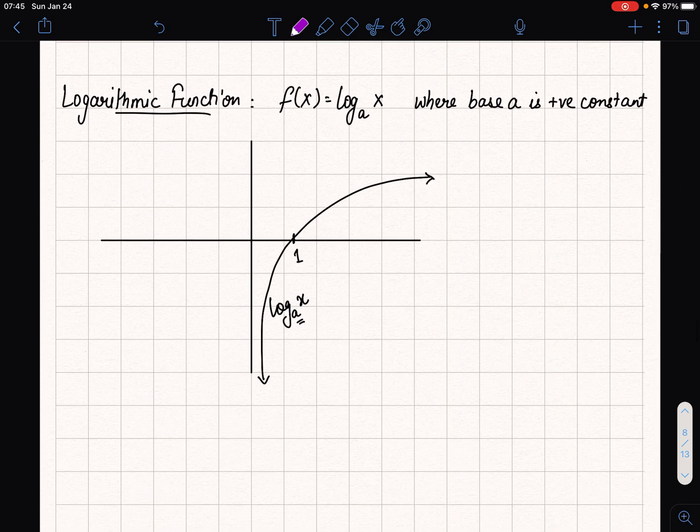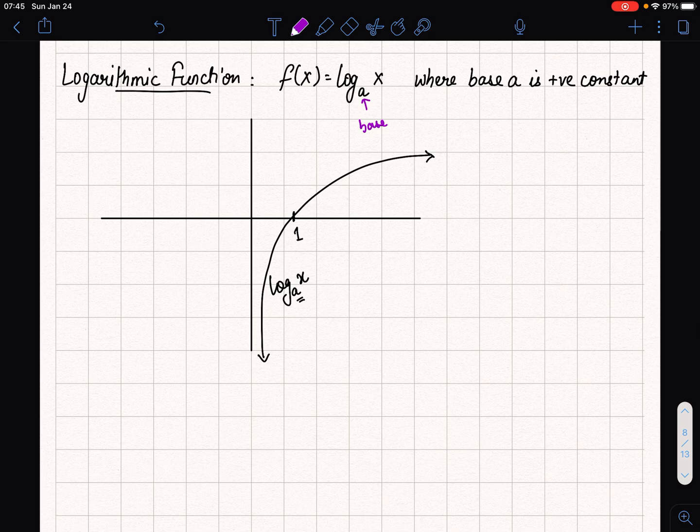Next comes an important section of functions known as the logarithmic function. A function f of x equals log to the base a of x, where a is a positive constant, is known as the logarithmic function. The function looks something like this on the Cartesian plane.